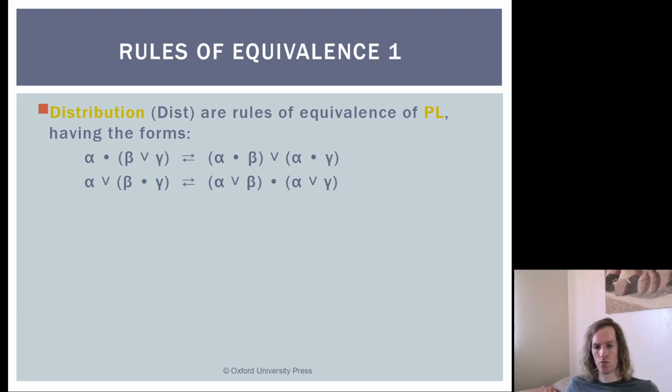So one thing that's really important with these is to keep in mind where the conjunctions and where the disjunctions go, and where they have to be swapped. It can be real easy to mix up where you're putting your conjunctions and your disjunctions, so be really careful with that. All right.